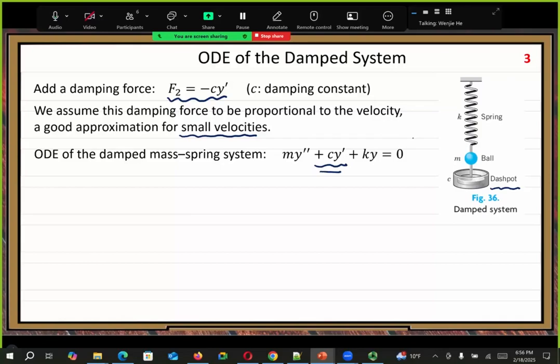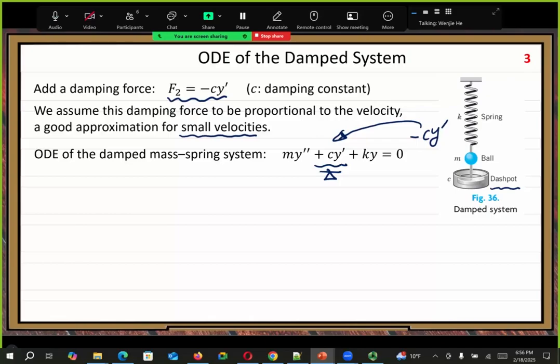But the force at the right hand side is negative, so after you move it to the left hand side, you get a plus positive constant C times y prime. It's also a second order ODE, but the coefficient of y prime is non-zero. That's the damped system.